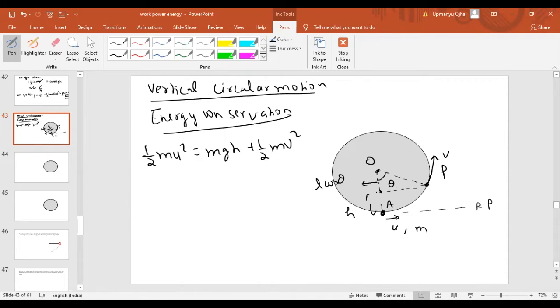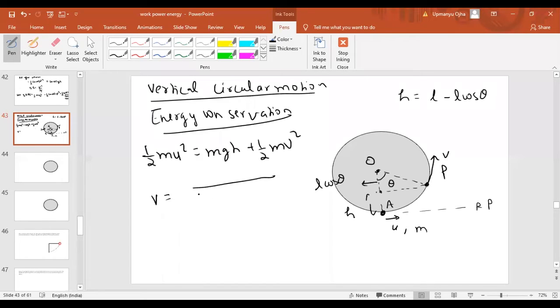Then according to energy conservation, half m u square must be equal to mgh plus half m v square. Now what is the value of h? From this figure, h will be equal to L minus L cos theta, because OB is L cos theta. If you substitute this value, we'll get the velocity at point B. I have solved this.